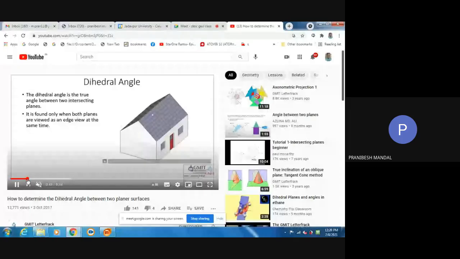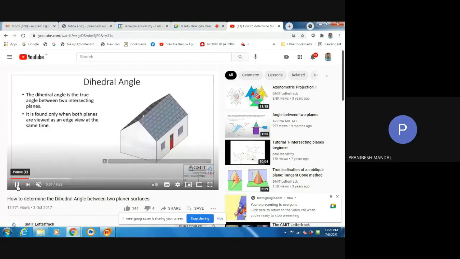Okay, I am showing you what a dihedral angle is if it is not getting clear to everybody. I am starting my presentation, and I am showing you the dihedral angle and some basic things which are actually shown here. Is it visible? Yes, sir.